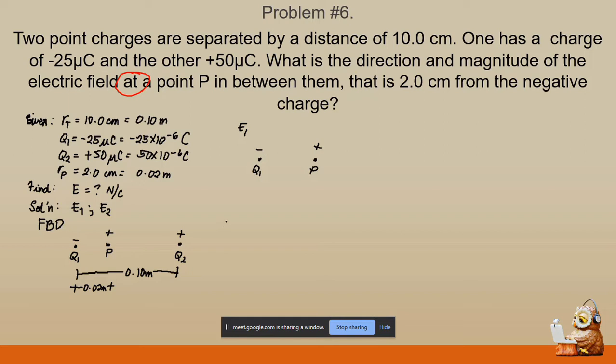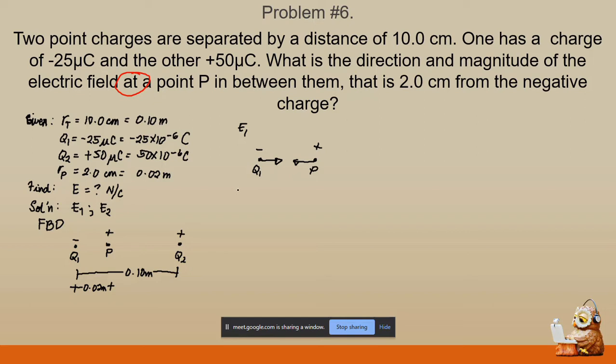So we have two unlike charges. If two unlike charges, what will happen? They will attract. What force? Attractive force, or attraction. They will move toward each other. What will happen to their arrows? The arrow of Q sub 1 will point towards P, and P will point towards Q sub 1. So that's the free body diagram of our E sub 1.